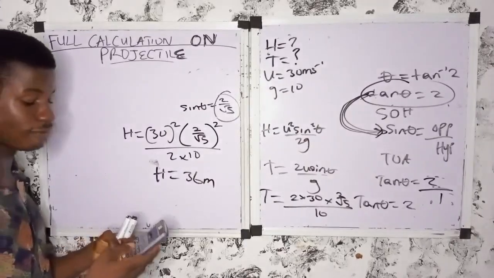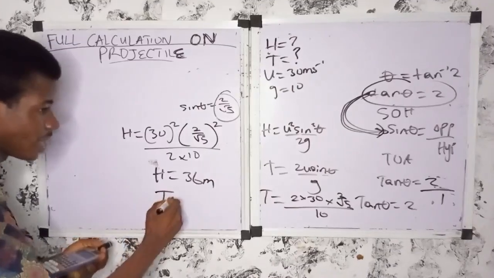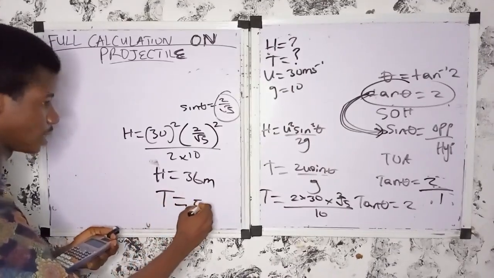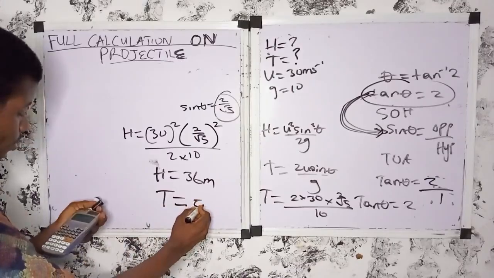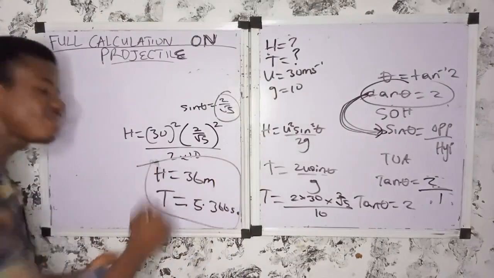So when we do everything, we get the total time of flight to be 5.366 seconds. Okay, so this is it.